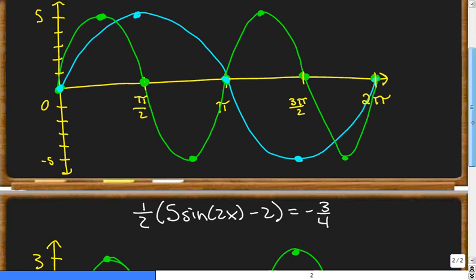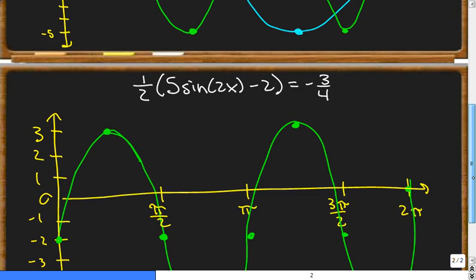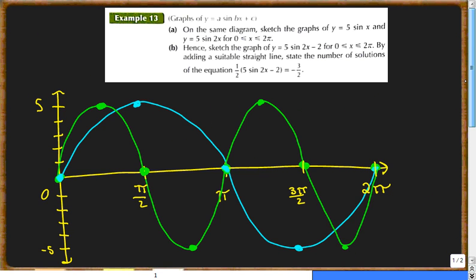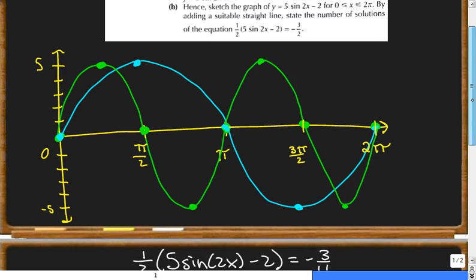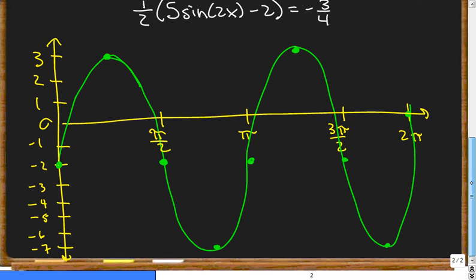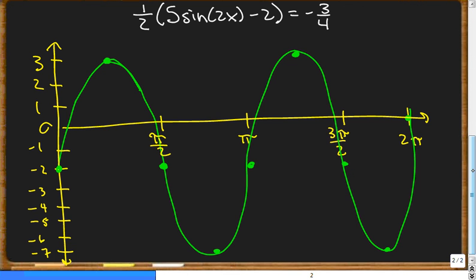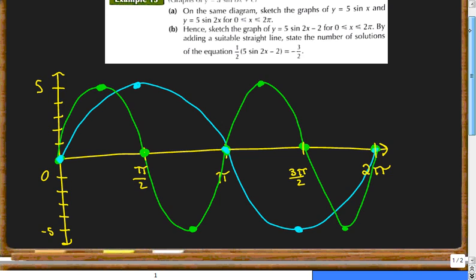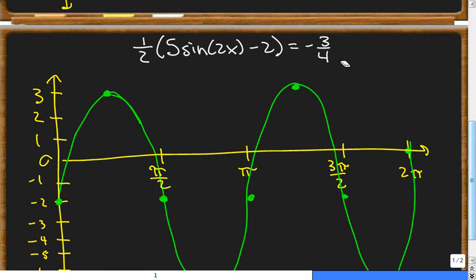So how could I guess the number of solutions that this would have? On the interval 0 to 2 pi, what we need to figure out is how we are going to alter this graph. Sorry, -3/2.